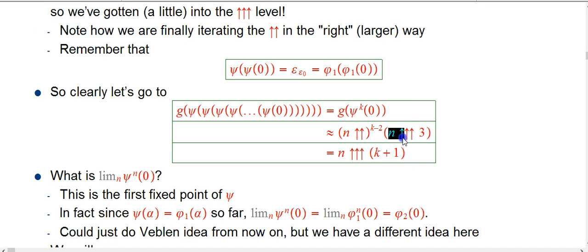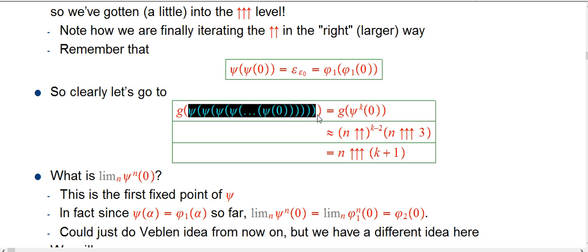Remember, this is n double up n, and if you count all the n's, you get k plus 1 n's. So now we're really fully in the general triple up level. Depending on how many psi's we have here, we get that much plus 1 in the power index of the triple up. So what is this ordinal that's the limit of these guys?